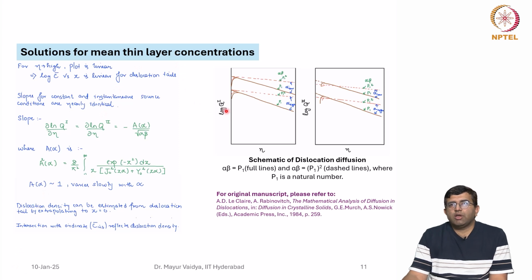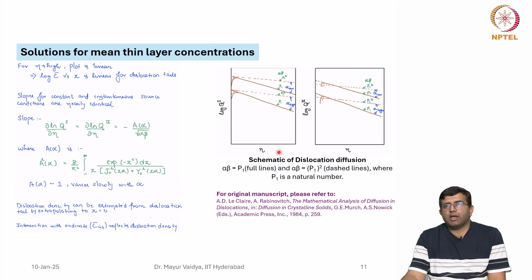So further, if you separately plot log of Q1 and eta and log of Q2 by eta, this is basically a schematic drawn from the original manuscript. You can refer to this particular reference. So if you plot for higher eta, the plot is almost linear. So the log C versus Z is linear for the dislocation tails for the higher eta values. The slopes for constant source and the instantaneous source are nearly identical.